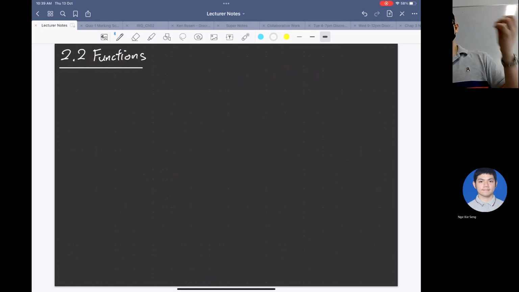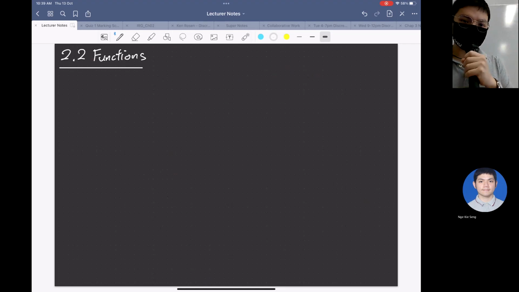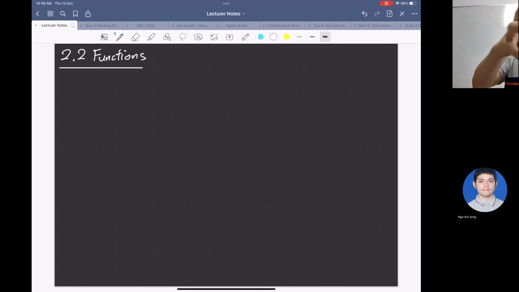It's not well defined. So every input has one output. That's all. This is function. So why is function put behind set here?